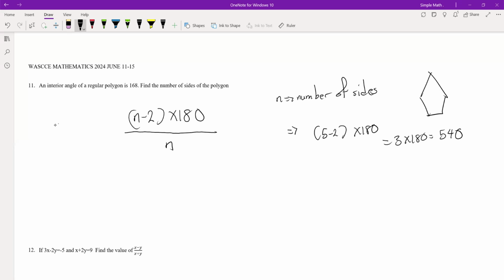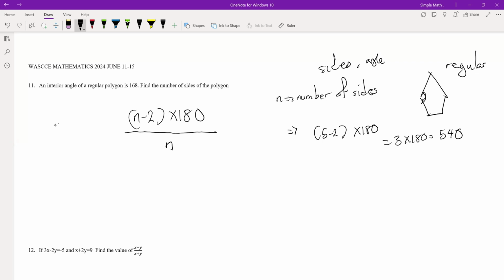But then what is the value of each angle? Let's say this is a regular pentagon. Regular being that all the sides and angles are equal. So in a regular pentagon, all the angles are equal. So what will now be the value of each angle?